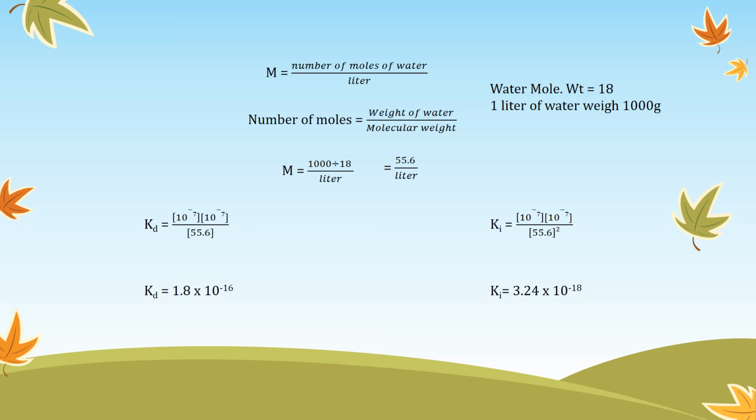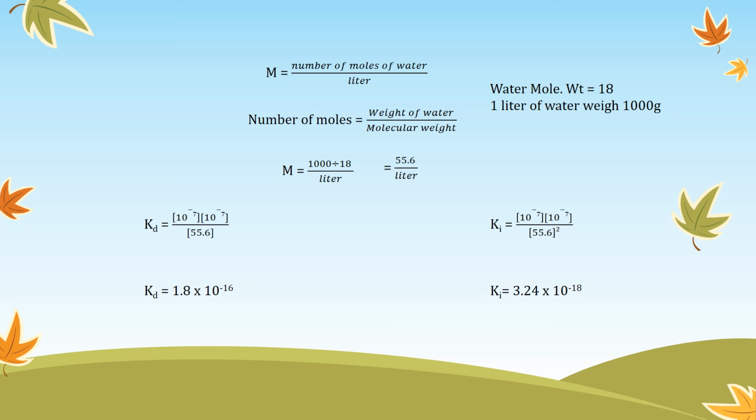So in the earlier slide you saw that the ionization of water molecule you can represent in two ways. One is just a dissociation of H2O into hydrogen ion and OH, or there will be two water molecules, where one water molecule transfers a hydrogen ion to the second molecule, so there will be hydronium ion formation.